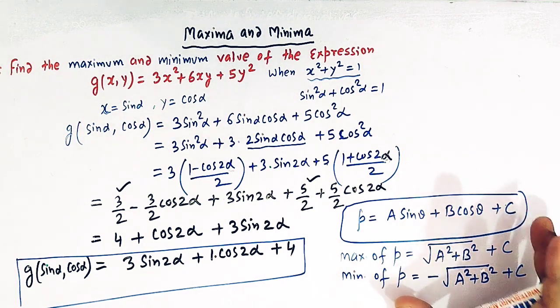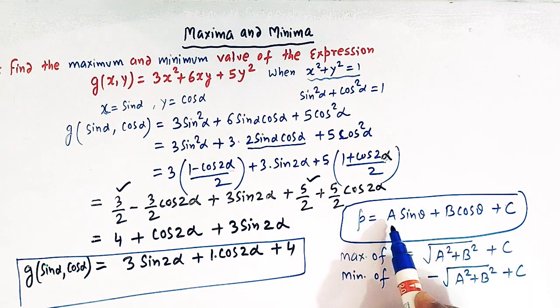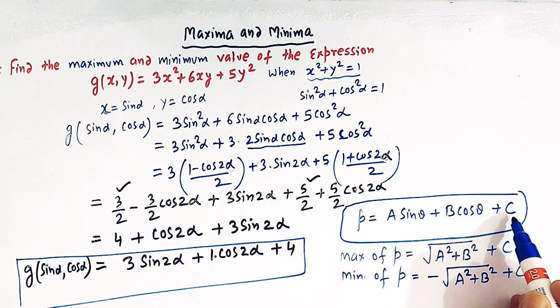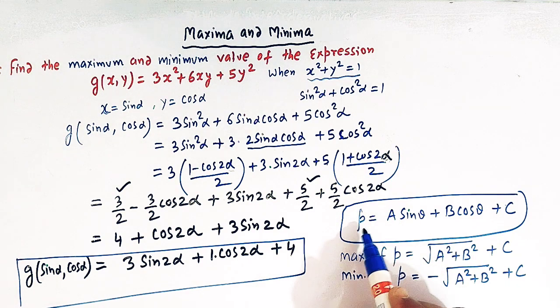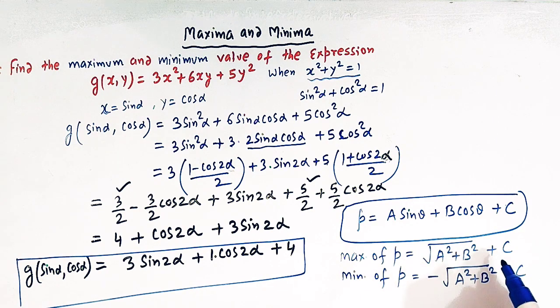So what we have discussed, suppose we have an expression of this type, that is P is equal to A sine theta plus B cos theta plus C, right? Where A, B, C are some numbers. Then the maximum value of this expression is given by square root of A square plus B square and plus C, and the minimum of P is the negative of square root of A square plus B square plus C, right?